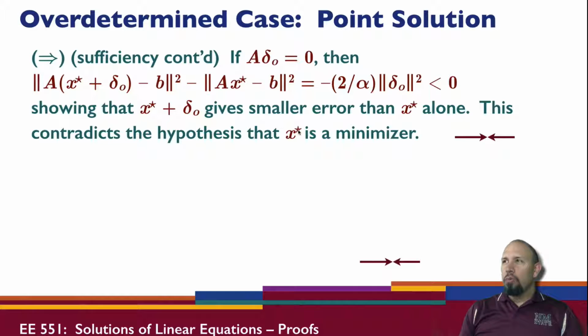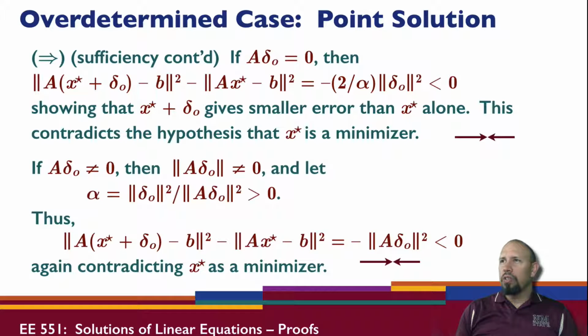So by contrapositive argument, we have shown that in this case, x star is not a minimizer, and so sufficiency holds. So we assumed A delta is equal to 0. What happens if A delta is not 0?